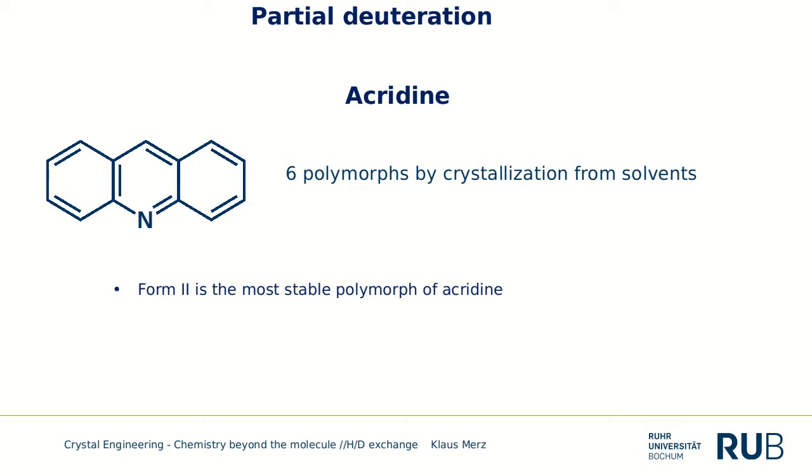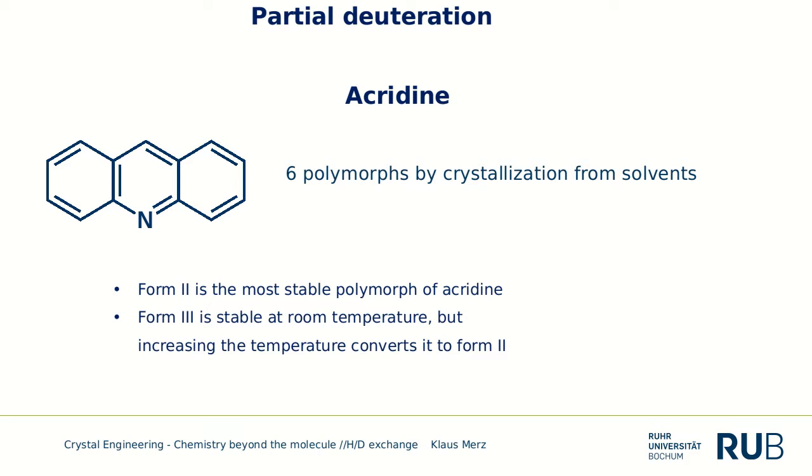The second thing is form 3 is stable at room temperature, but by increasing the temperature or waiting some days, you will see that form 3 converts to form 2. Okay, form 2 is the most stable, and the second most stable is form 3.